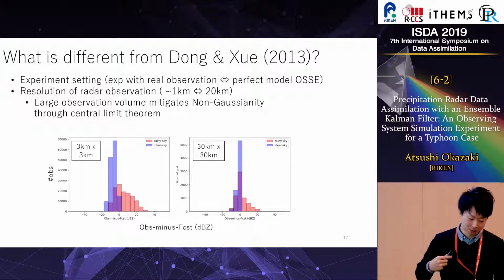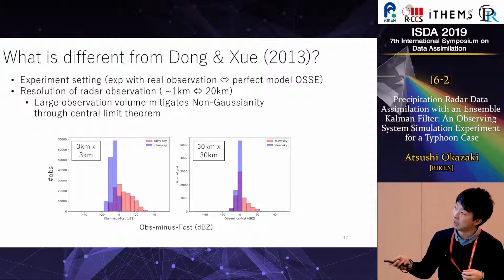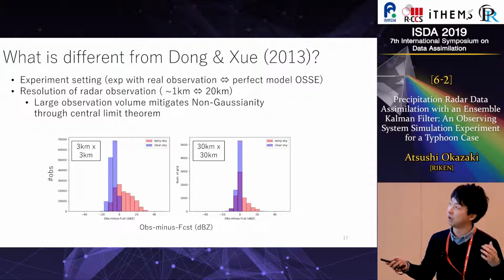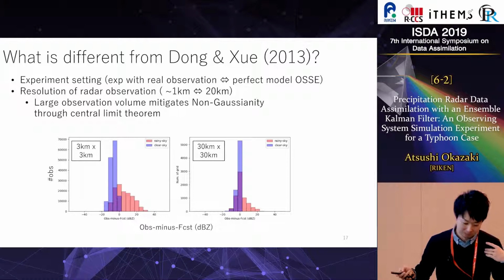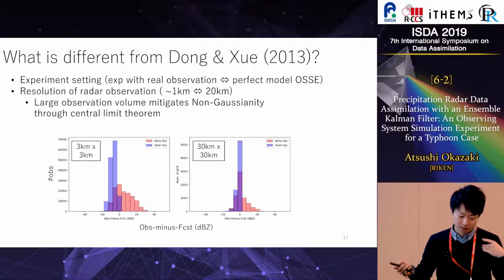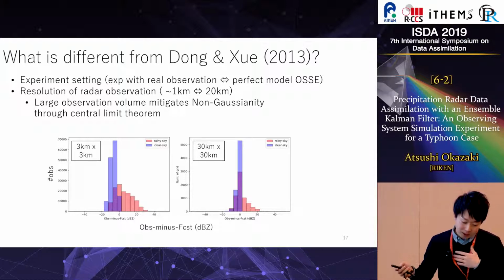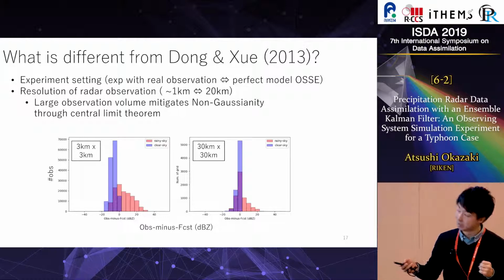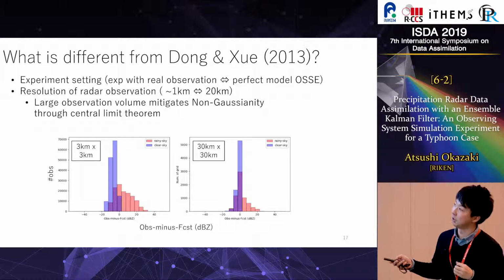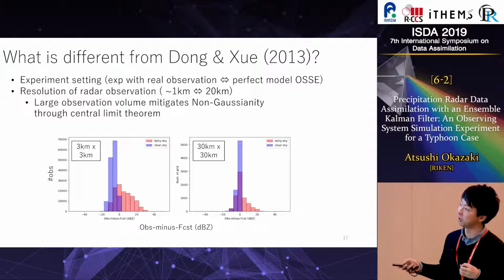But here I want to focus on another point, that is the resolution of the radar observation. They assimilated observations of about 1 kilometer resolution, but ours are 20 kilometers. Because ours have a very large observation volume, it can mitigate non-Gaussianity through the central limit theorem.